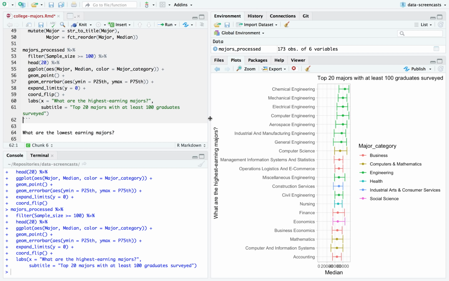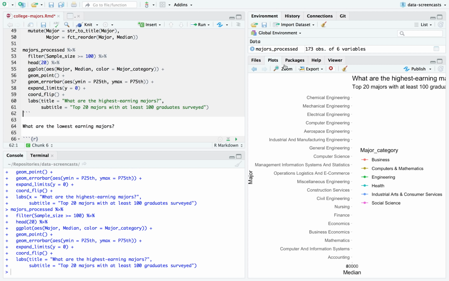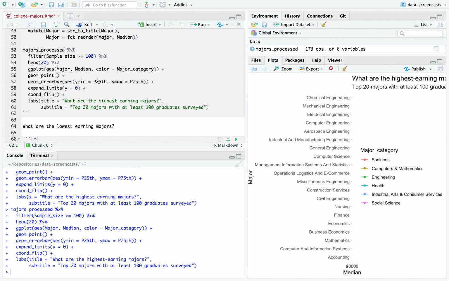So that way I can be sure, oops, not the x-axis, that's going to be the title. When I'm communicating, that people understand the limitations of this graph.